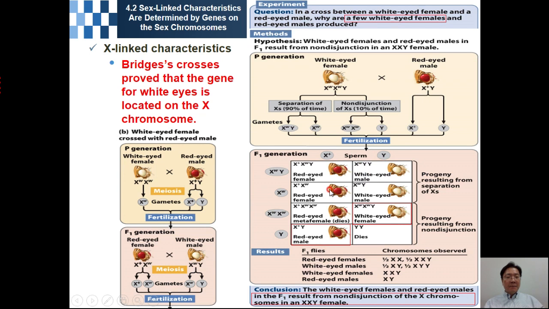How about this one? They will have X plus XW. This one will make a red-eyed female. How about this one? Based on this Punnett square, they will make XWY. It means a white-eyed male.